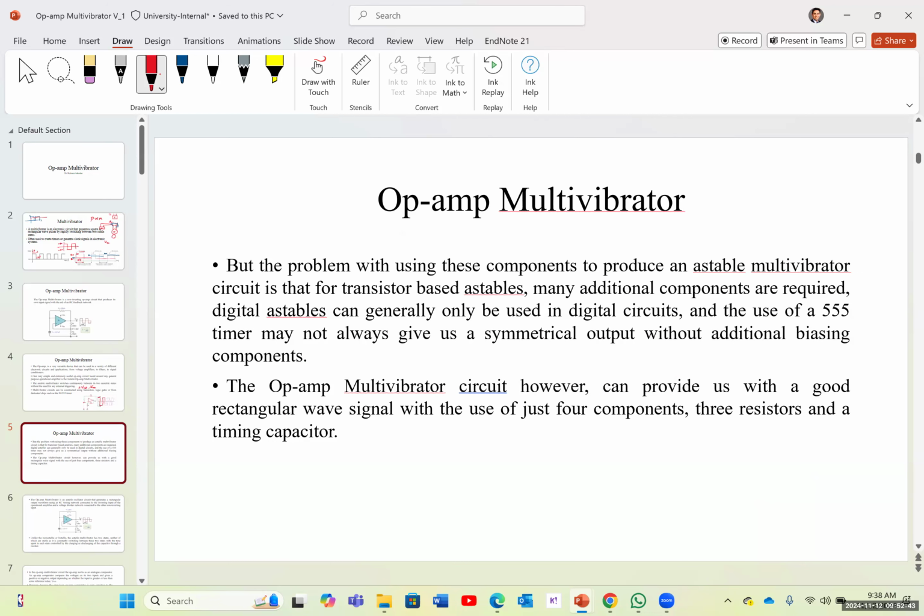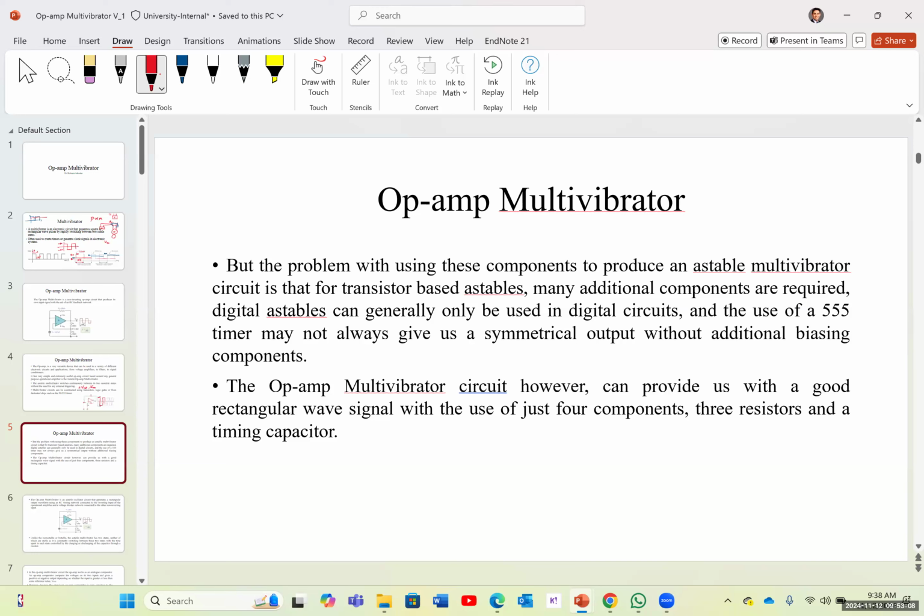The problem with using these components to produce an astable multivibrator circuit is that for a transistor-based astable, many additional components are required. A digital astable can generally only be used in a digital circuit, and the use of a 555 timer may not always give us a symmetrical output without additional biasing components.